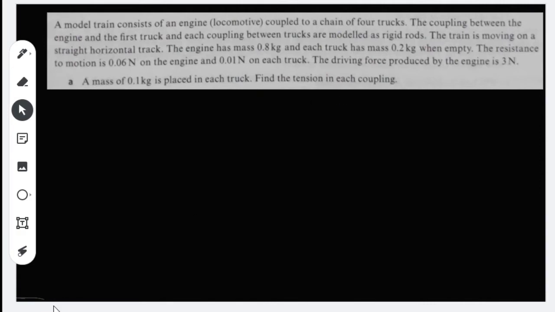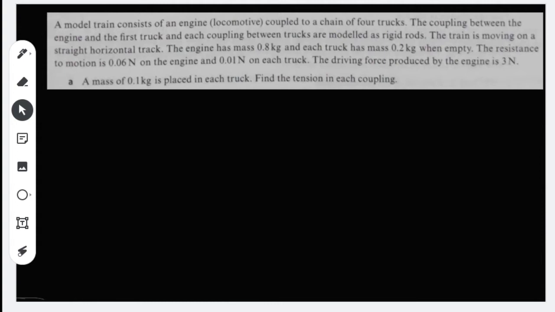So we are asked to find the tension in each coupling, provided that in each truck there will be a mass of 0.1 kilograms. So what we're going to do here, first things first, is draw a diagram to show the forces acting on the engine and each truck.